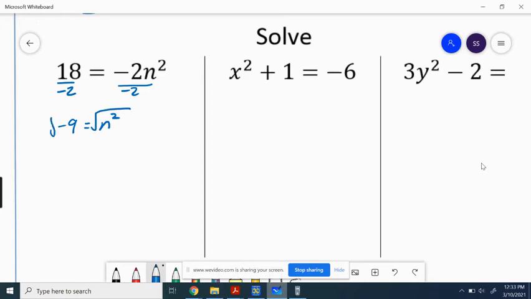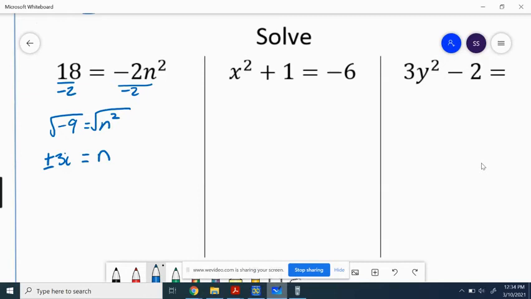And if I do it to one side, I've got to do it to the other side. So the square root of n squared is just going to be n. And the square root of -9 is going to equal plus or minus 3i. Okay, so we introduced the square root symbol here. So anytime we do that, we're going to be left with a positive or negative answer.